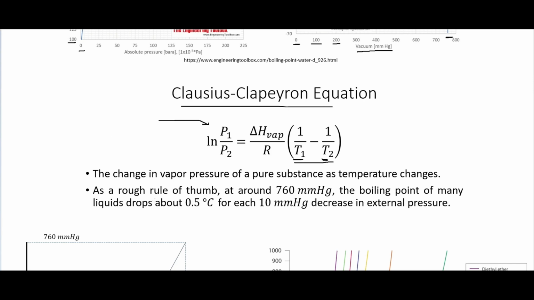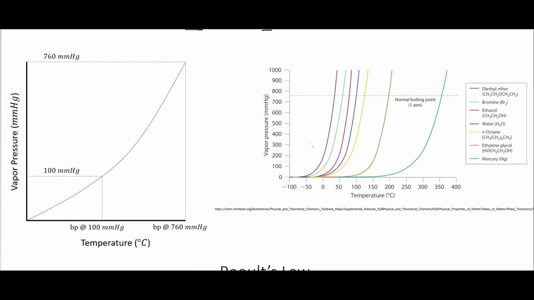As a rough rule of thumb though, at around 760 millimeters of mercury, which is atmospheric pressure at sea level, the boiling point of many liquids drops by around 0.5 degrees Celsius for each 10 millimeter of mercury decrease in external pressure. And so we can look at the change in vapor pressure as the change in temperature.